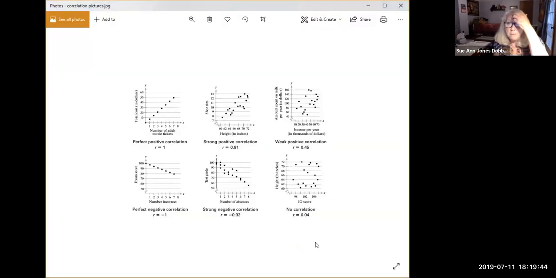So now you're looking at a picture that shows in this upper left-hand corner a relationship very much like what I started out with, age and height. And here it's number of movie tickets and total cost. It's reasonable to expect that as the number of tickets you buy goes up, so does your total cost in dollars. And in fact, that's an exactly straight line relationship.